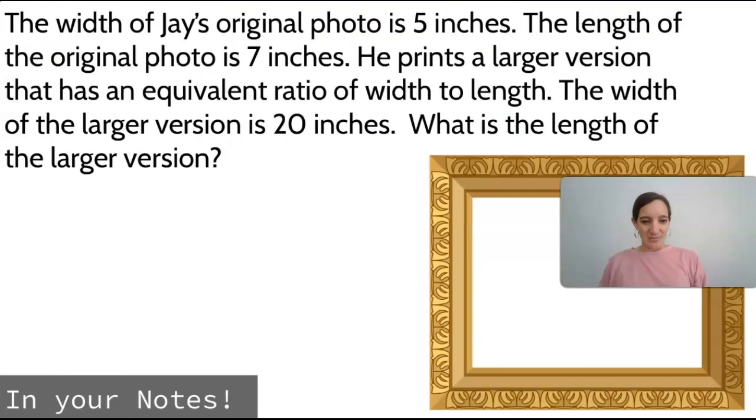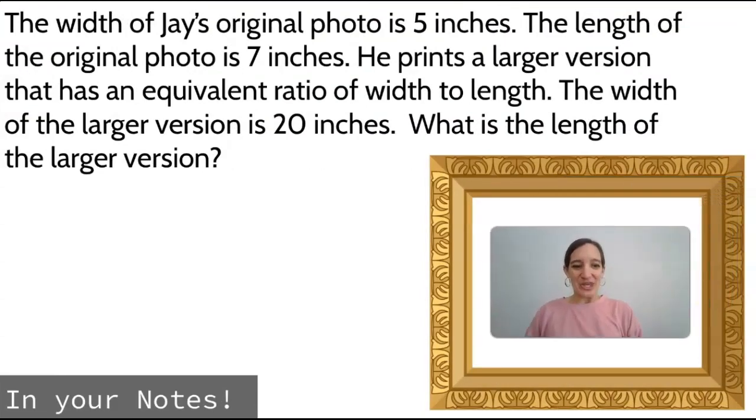This question, I'm going to put myself in the picture frame right here. Cute. The width of Jay's original photo is 5 inches. So the width is the shorter side, 5 inches. The length of the original photo is 7 inches. He prints a larger version that has an equivalent ratio of width to length. The width of the larger version is 20 inches.